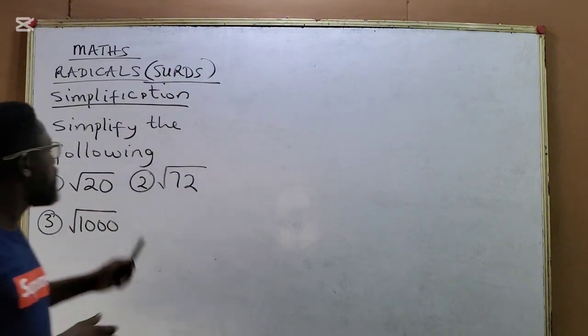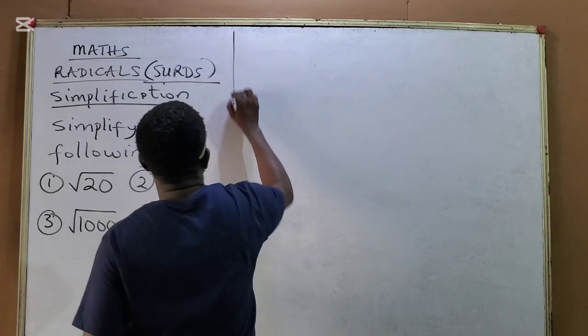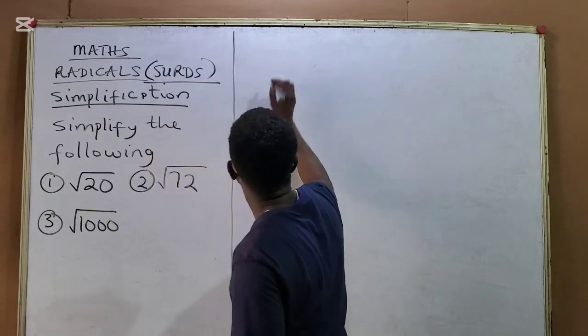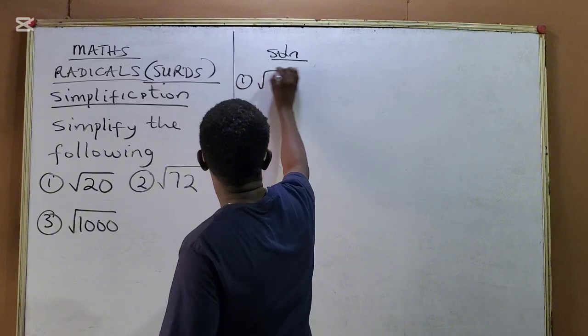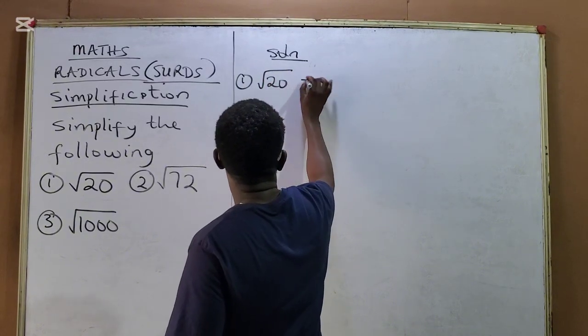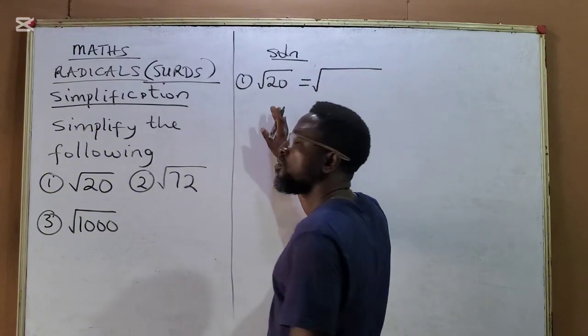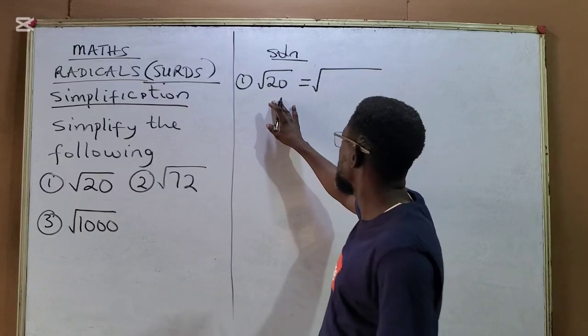So, suppose you want to simplify the first question you are seeing on the board, which is root 20. You are asked to simplify root 20. What you simply do is just to break this one down.